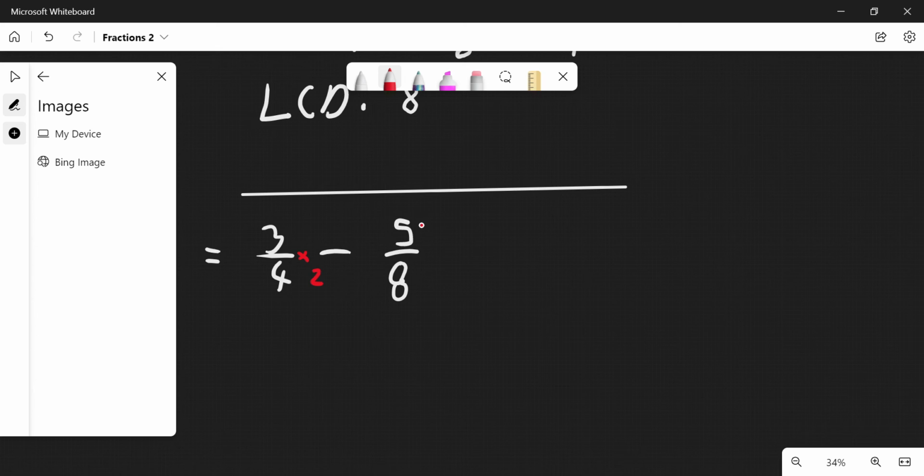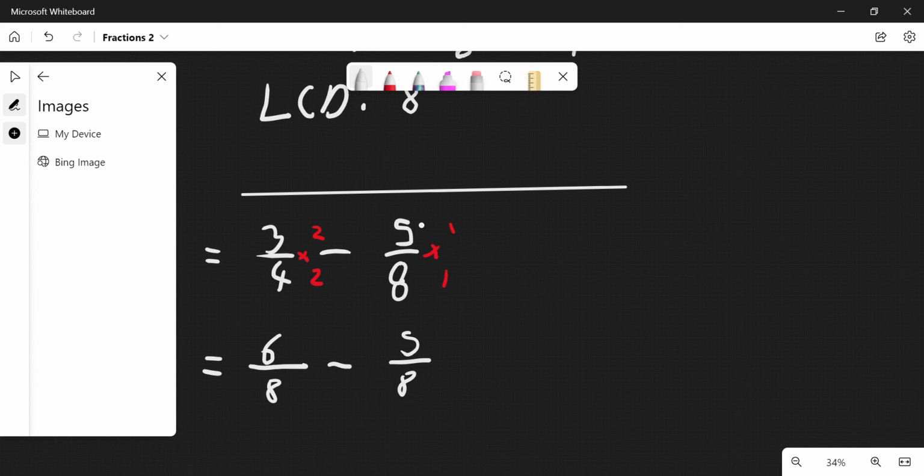So what I do at the bottom, I do at the top. What can I do to 8 to make it 8? Nothing. I don't really do anything there. If you want to be technical, you can say 8 times 1 and 5 times 1. But this is not going to change because 8 times 1 is 8 and 5 times 1 is 5. So our conversion is we're going to have 3 times 2, which is 6, over 4 times 2, which is 8, minus 5 over 8.